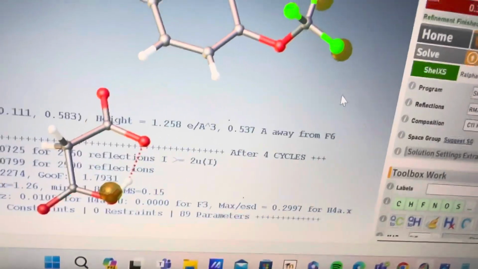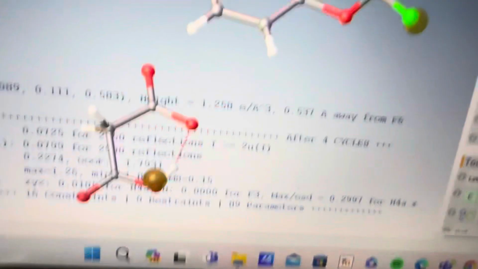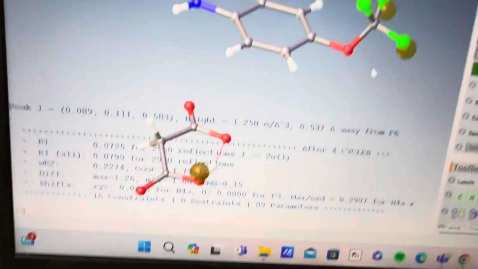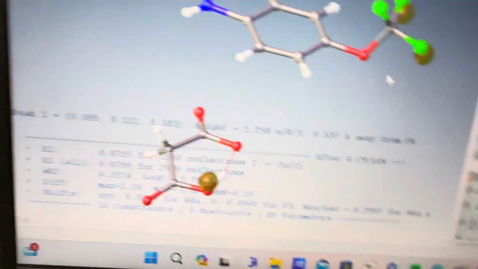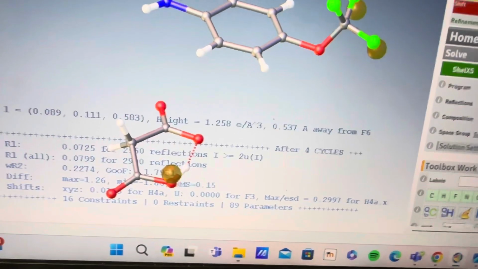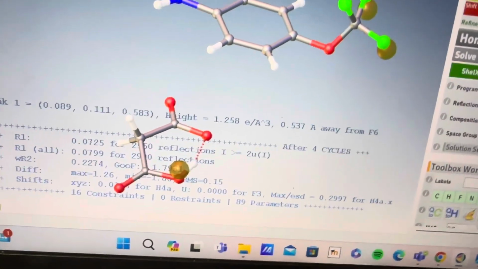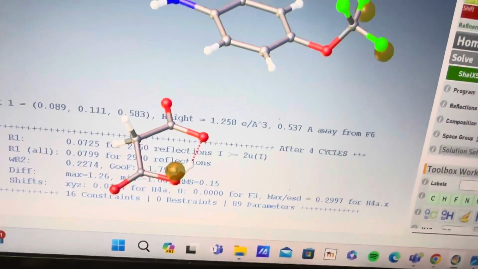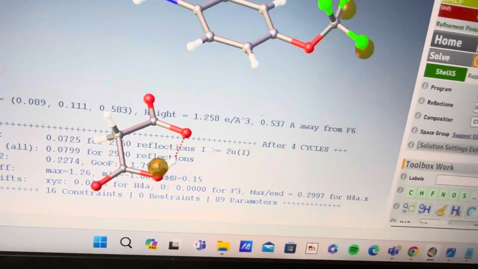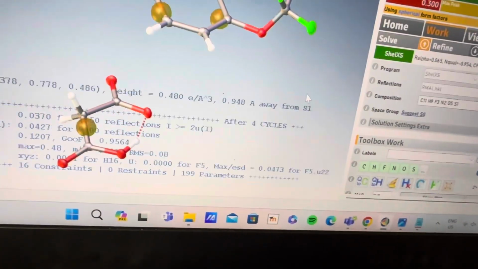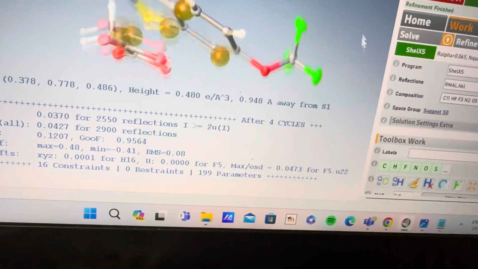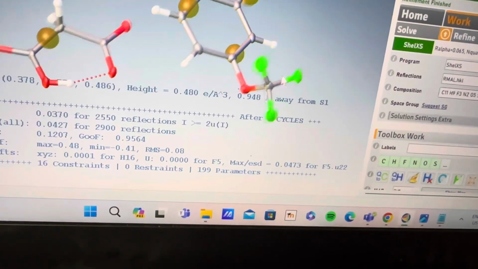So again, what we need here is to simulate those thermal fluctuations by using these ellipsoids. I'll click on this, and as we can see now, this has been fixed as well.